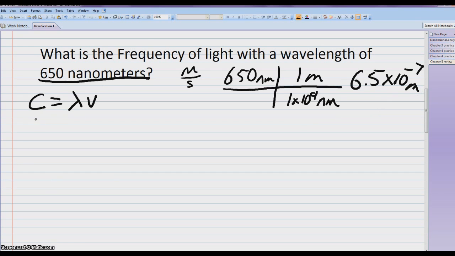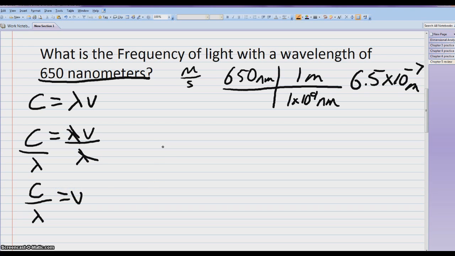So now that we've got the actual wavelength in the correct unit, we can calculate the frequency. Once again, we'll do some algebraic rearrangement, this time dividing by lambda on both sides, so we get frequency isolated. What we get is c over lambda equals v.